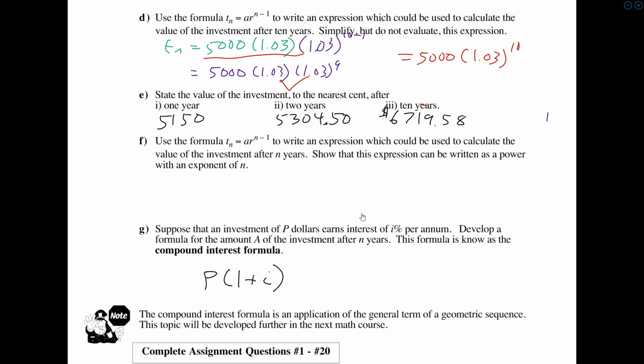And then the amount of years, well in this case the amount of years is just straight up n. We don't have to worry about n minus 1. We've accounted for that in using our initial number as the a value rather than our number after 1 year, right?